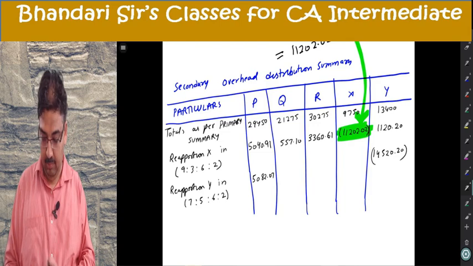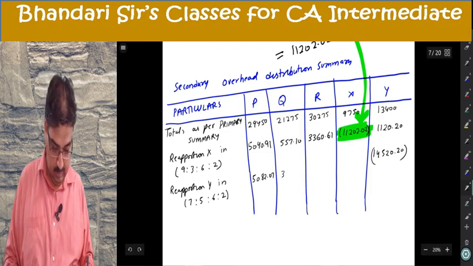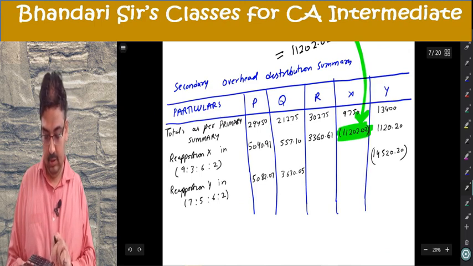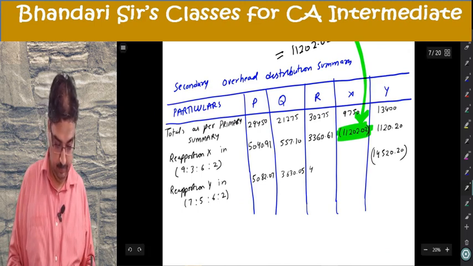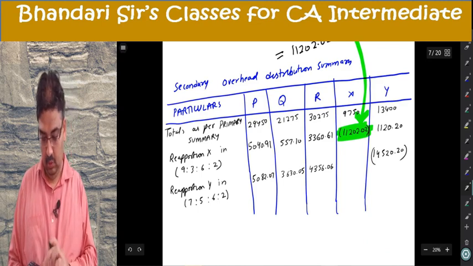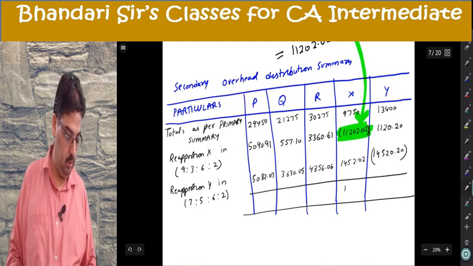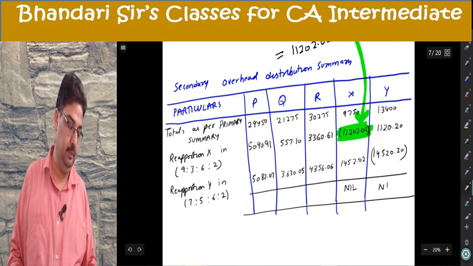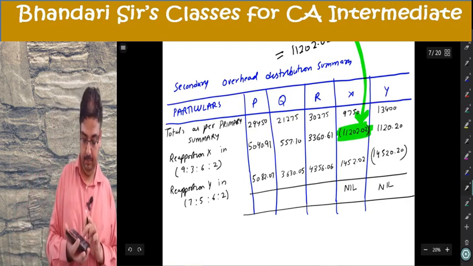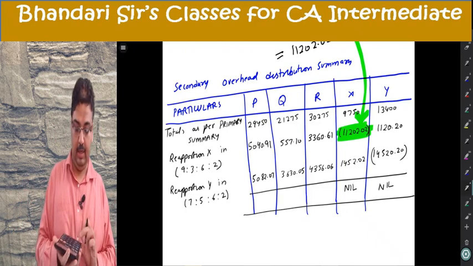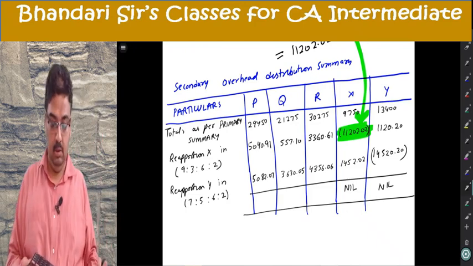Multiply by 5 will give me 3630.05. 6 will give, 2 will give. Now ensure they are nil. You can check that. Brackets are negatives and this is 0.